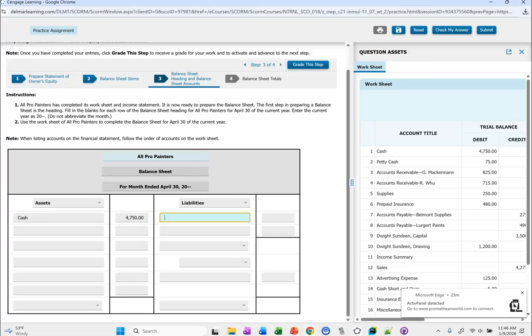For how much? $47.50. Okay. Let's go to our second asset. Petty cash. Okay.